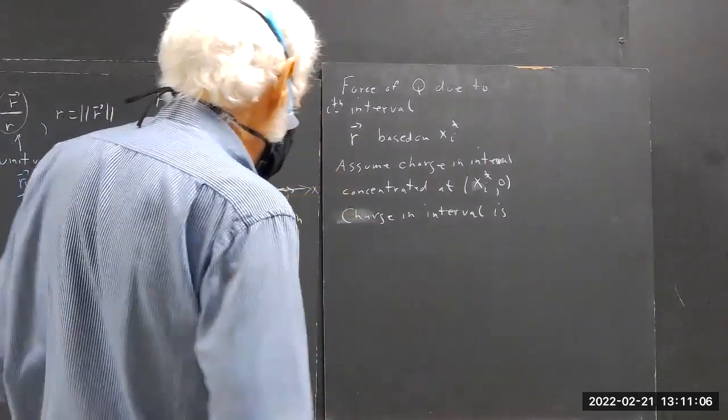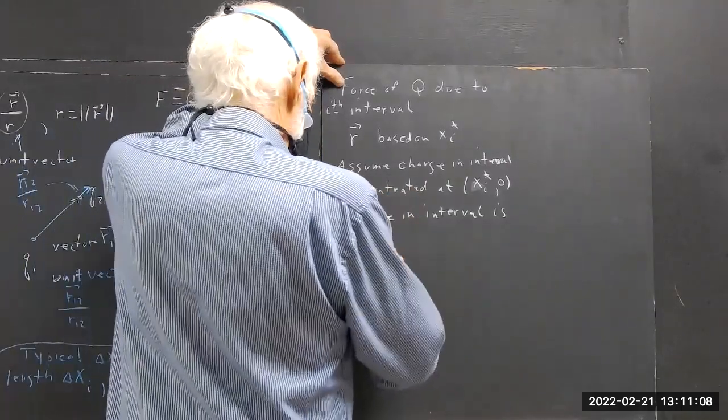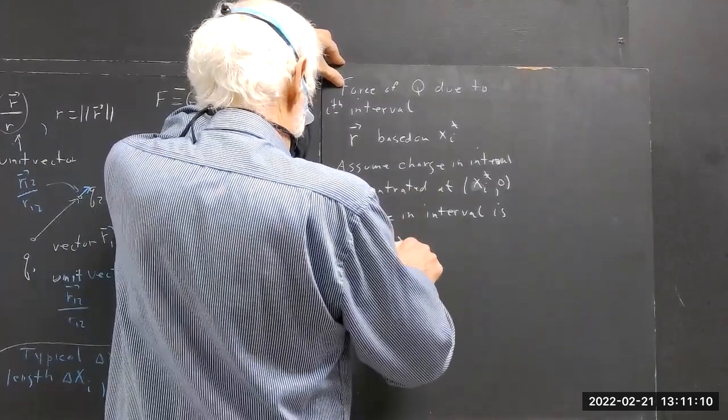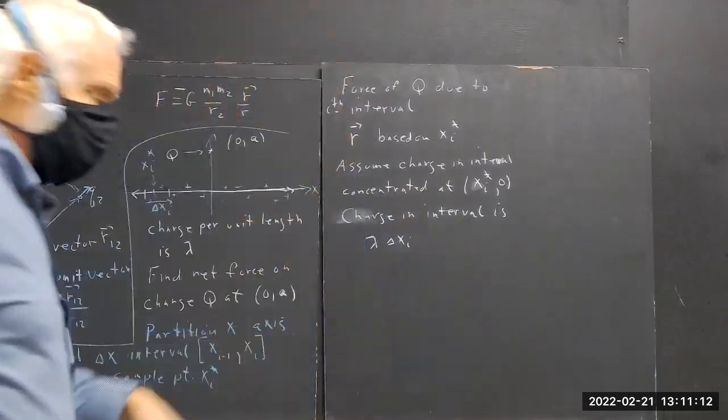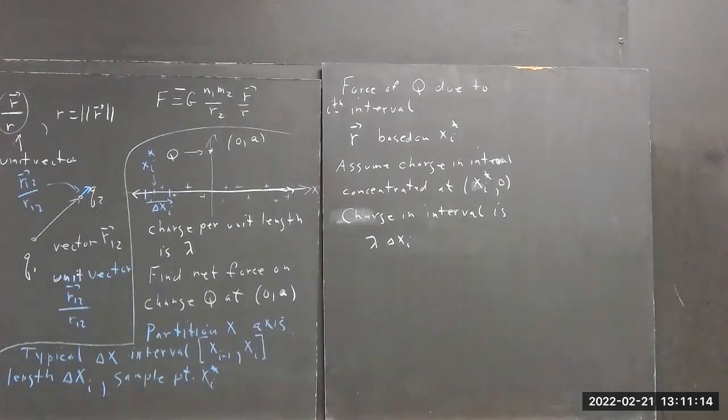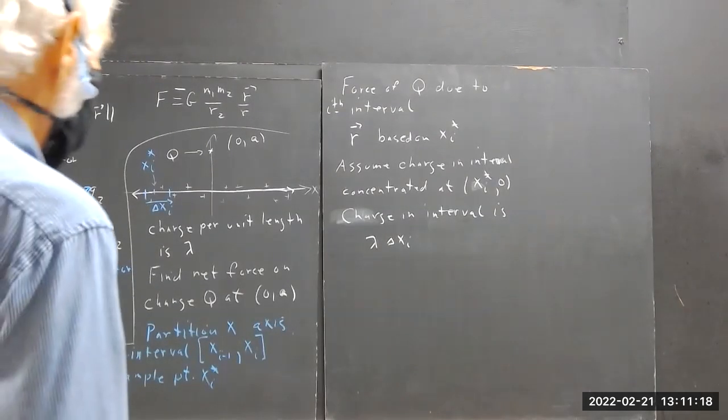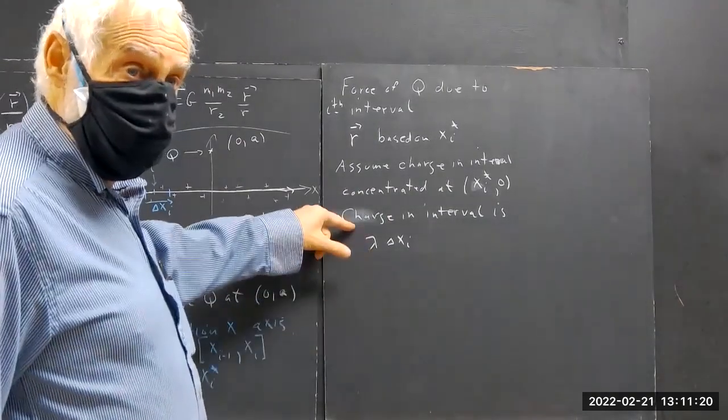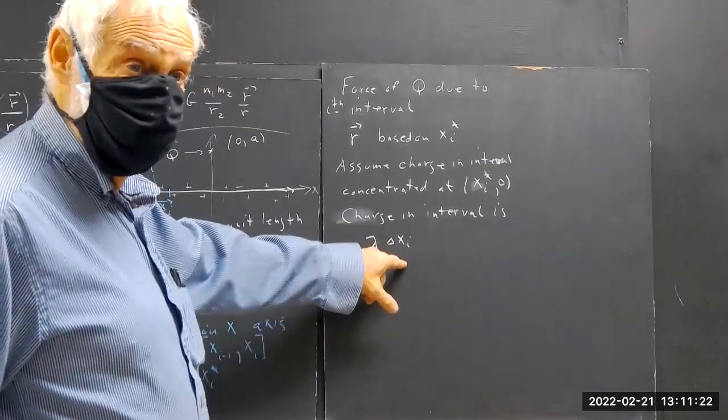The charge in the interval is, and it should be obvious, lambda times delta xi. Your density, charge per unit length, times your length.